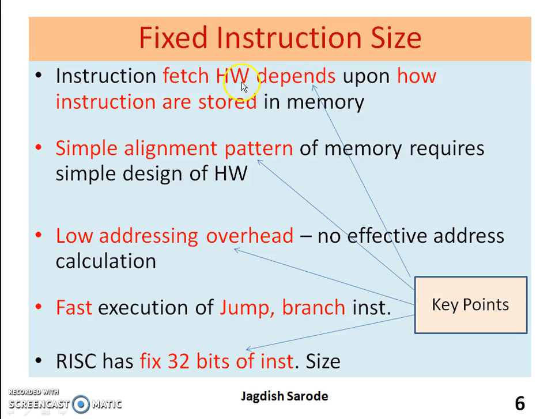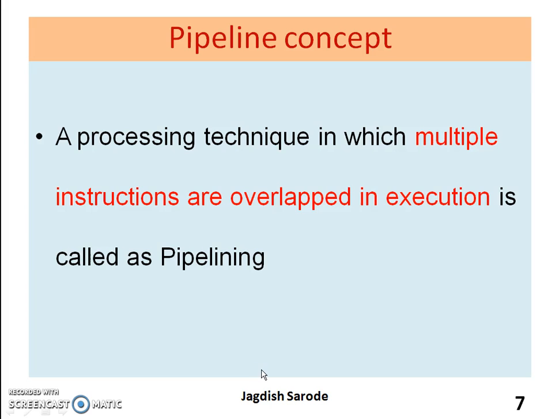Then because of this fixed instruction size, as I said, we can schedule the instruction execution, and by scheduling the instruction execution we can execute jump and branch instructions very fast, and we can achieve fast performance by scheduling these jump and branch instructions. Generally, the fixed instruction size of this RISC architecture is 32 bits.